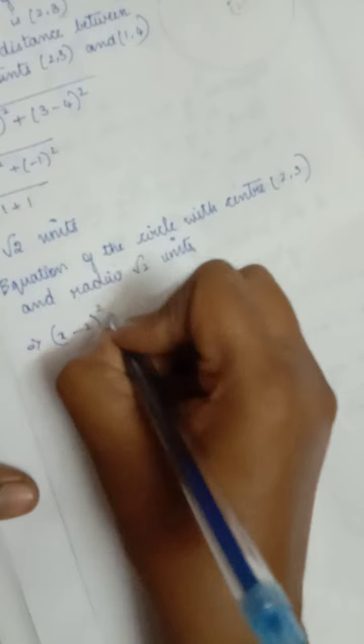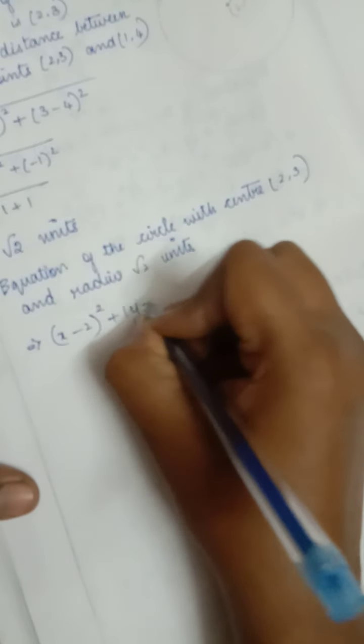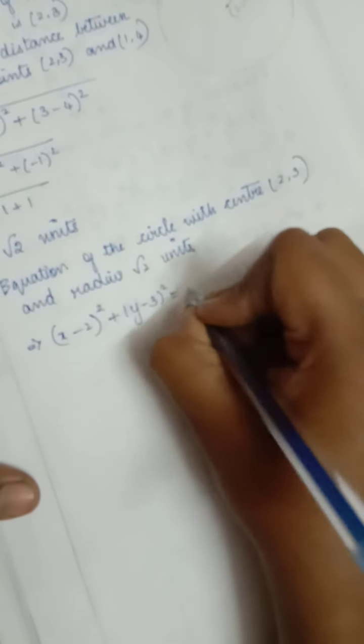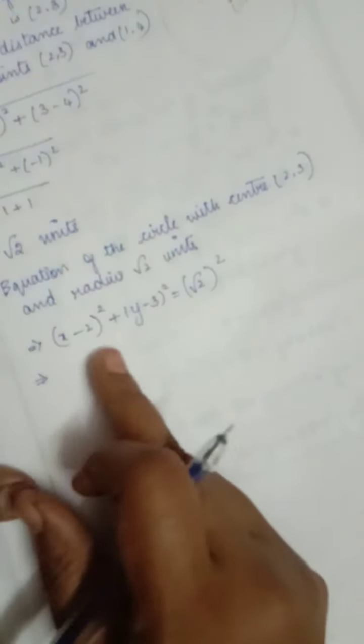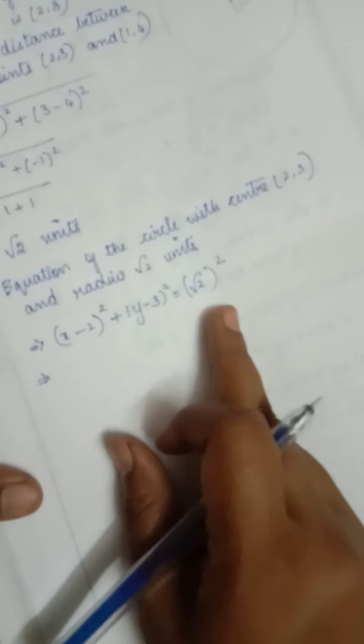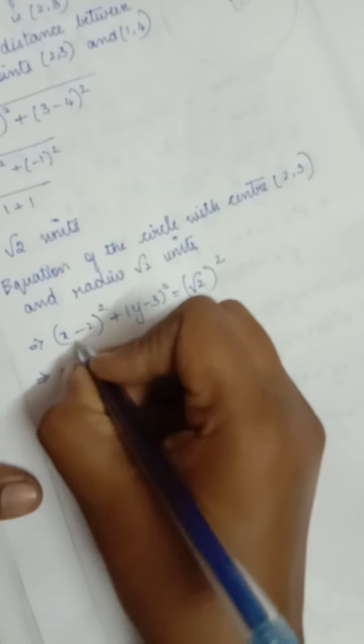So that implies x minus 2 the whole square plus y minus 3 the whole square equal to root 2 the whole square. So this is the formula, how we are writing x minus h the whole square plus y minus k the whole square. So this we are expanding.